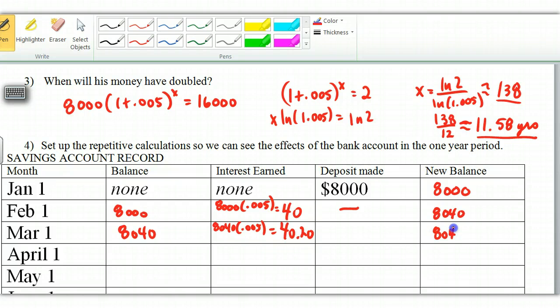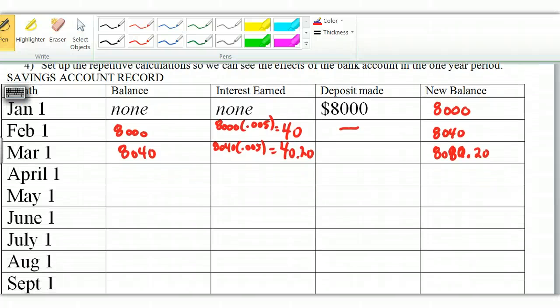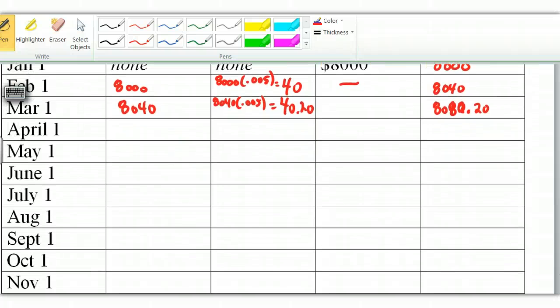I want to take every penny that the bank will try to give me. So I'll take this 40.20 and add it to my 8,040, and I'm having problems here. I tried to take too much from the bank. This is 8,080 and 20 cents. Now you can just continue on with this down the line, and then you can figure out how much you have at a certain amount of time.